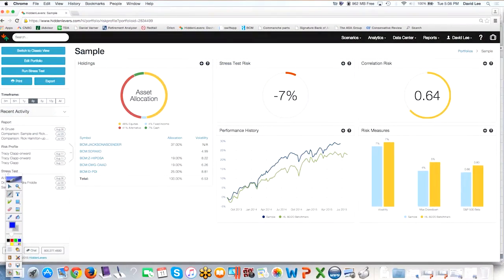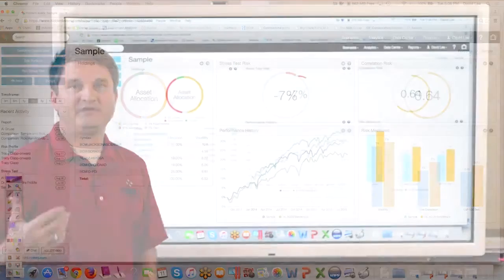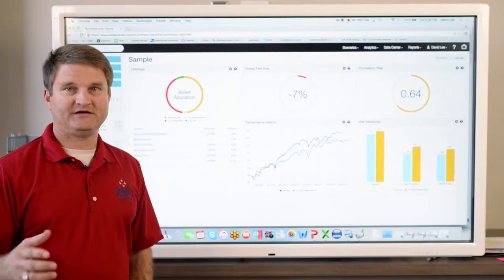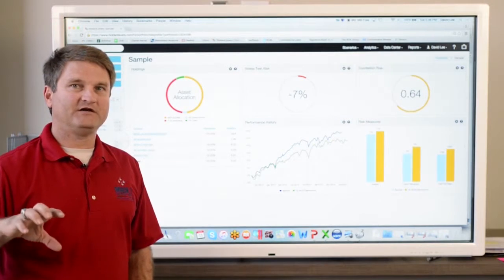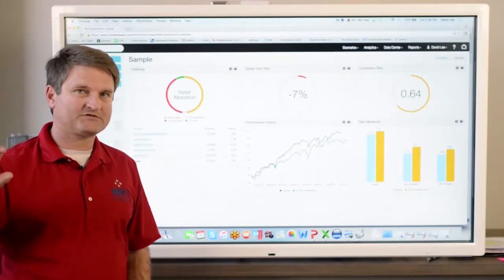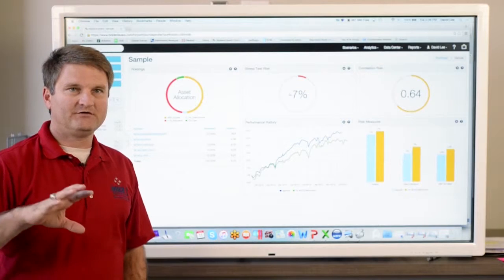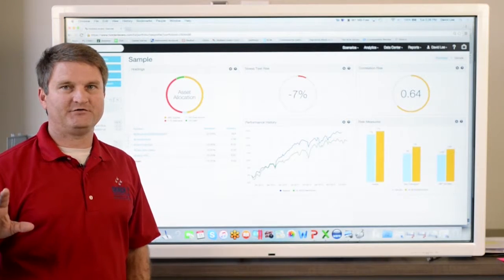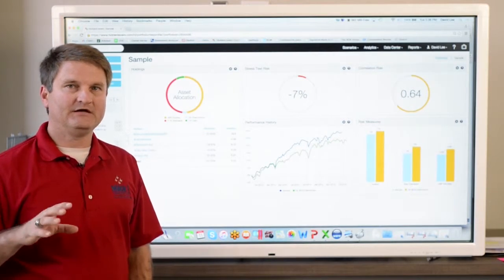Now, to further prove the math behind all this, we have an independent company called Hidden Levers that does portfolio stress testing, much like banks do stress testing for the Fed, to examine various market conditions. You can come up with just about any worst case scenario you can think of, and we've got it planned.